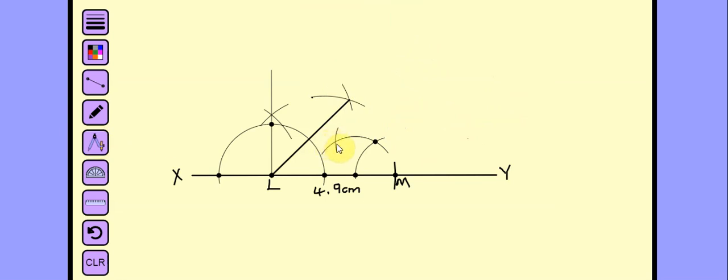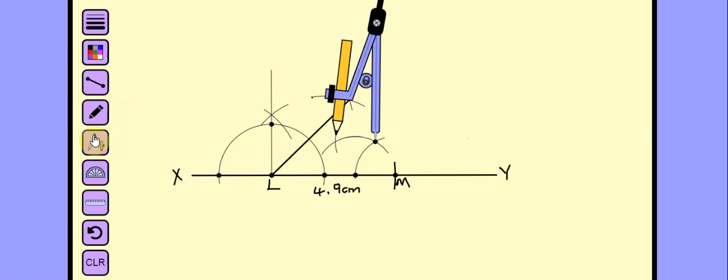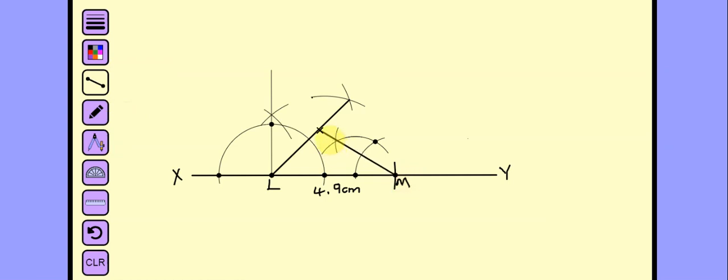Now that second intersection will be our 30-degree angle. So we simply have to draw a straight line from M through that intersection.